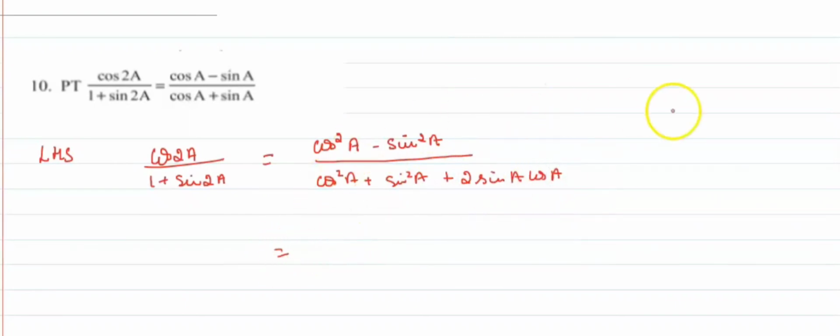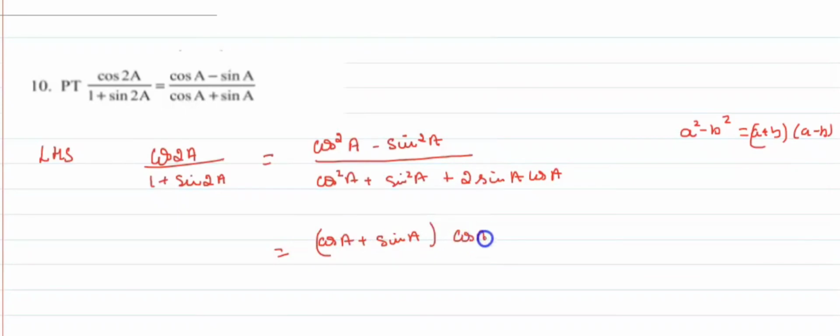In the numerator, it is in the form of a square minus b square. You can write it as (a plus b) into (a minus b). So the numerator I will write as (cos A plus sin A) into (cos A minus sin A).